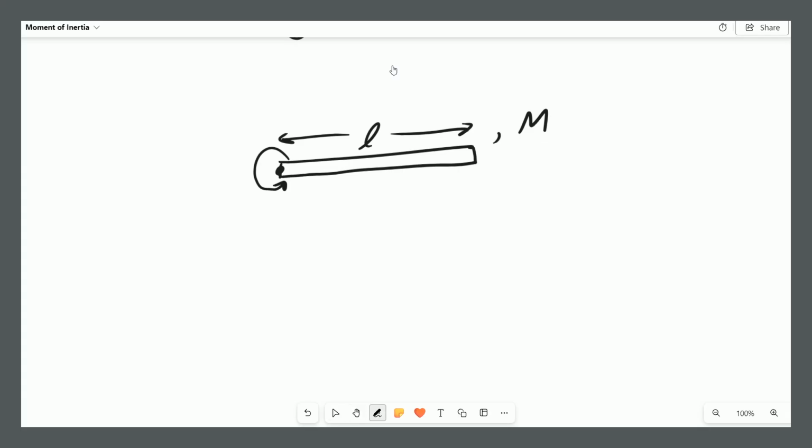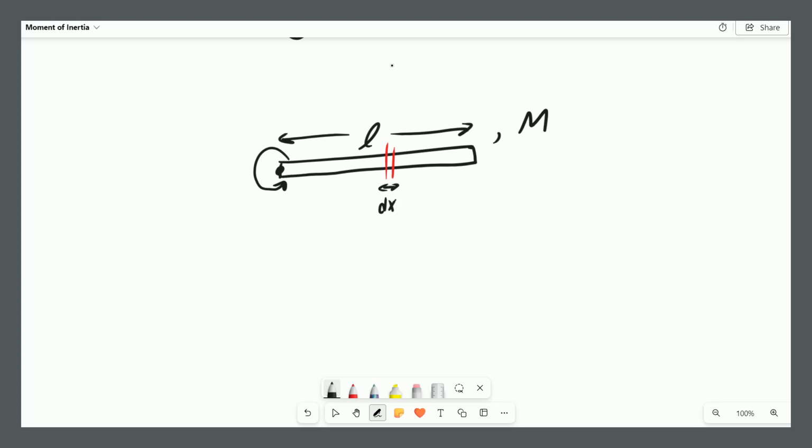Well, consider a small section of that rod, so small that its length is dx. And we're just going to assume this is like a one-dimensional rod.